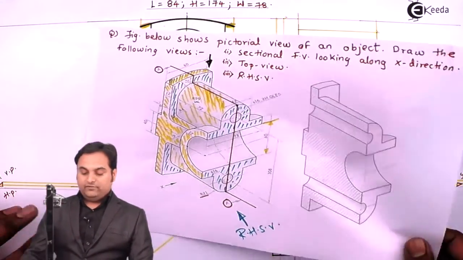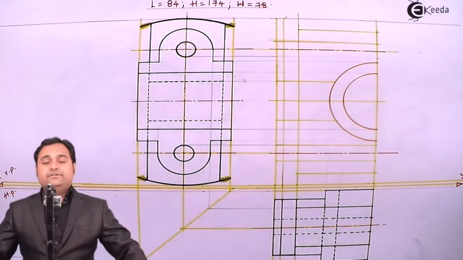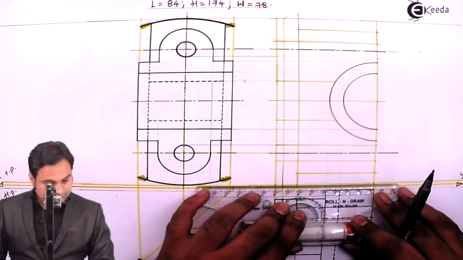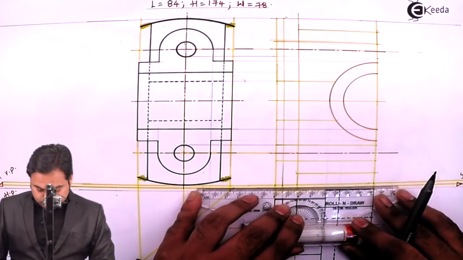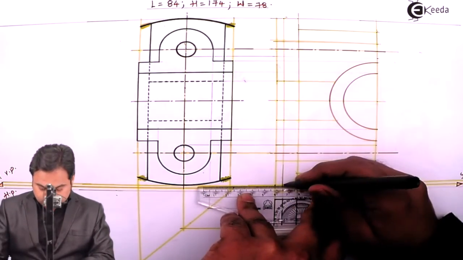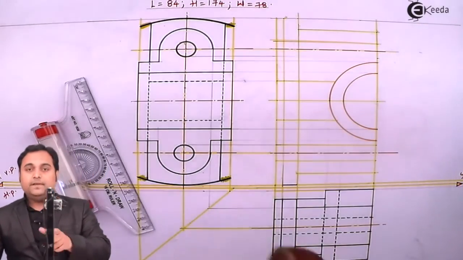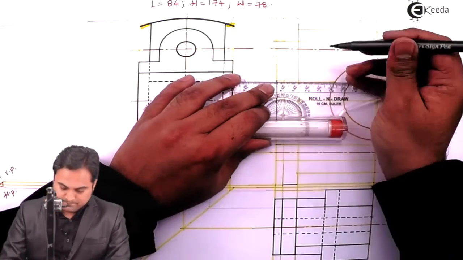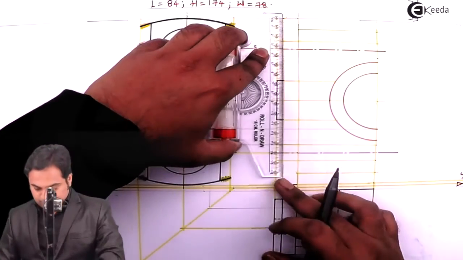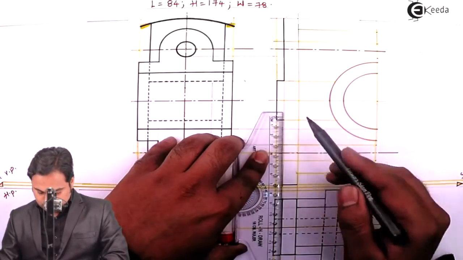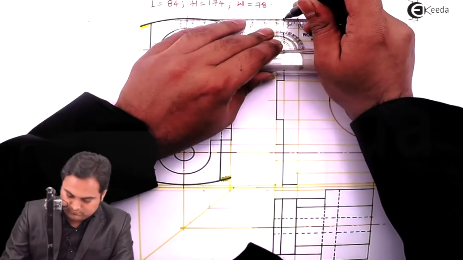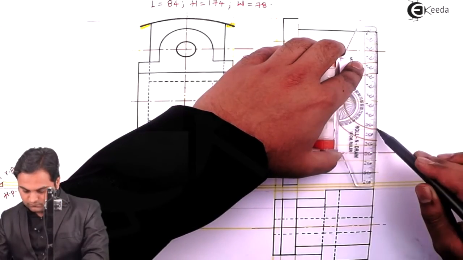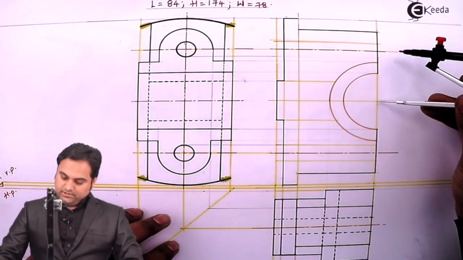Now I am going to make it dark, first making the outlines dark and then going for the internal details. So here, step by step, I'll make it dark. Now here I'm making the outlines dark in a step by step form. Making this semicircle dark.